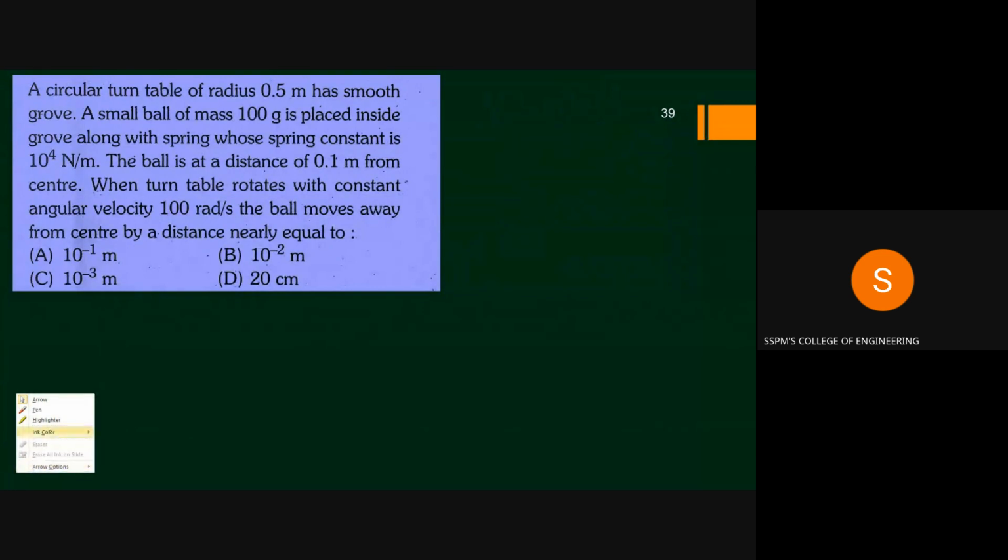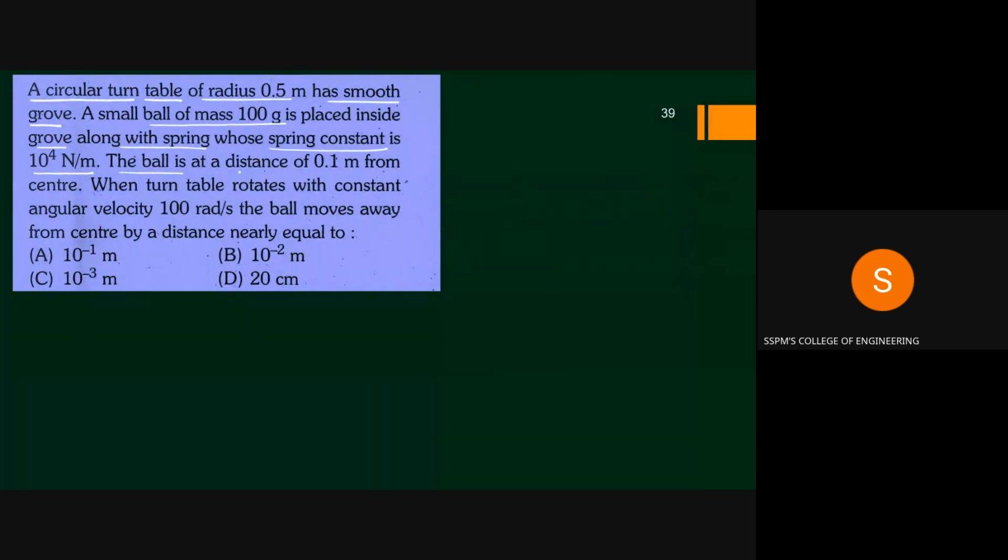Now refer to the next problem. This is again on the centrifugal force. So what is given in the problem? A circular turntable of radius 0.5 meter has a smooth groove. A small ball of mass 100 gram is placed inside the groove along with a spring whose spring constant is 10 to the power 4 Newton per meter.